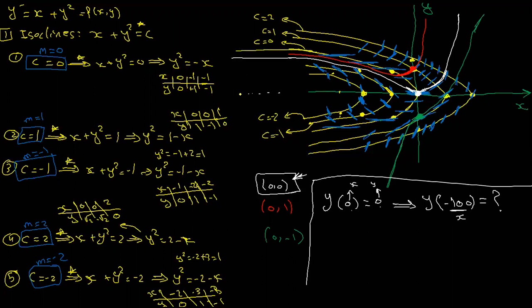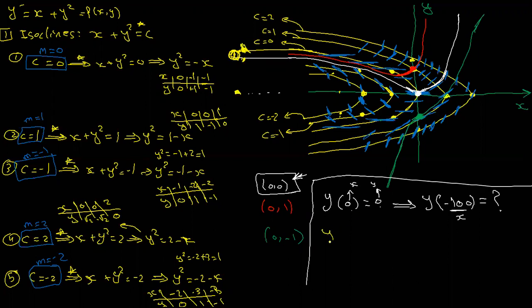So at negative 100, my curve is very close to the isocline. Those two, the white curve and the yellow one, which is the isocline, are very close. So at negative 100, my y is similar to the y of this curve.